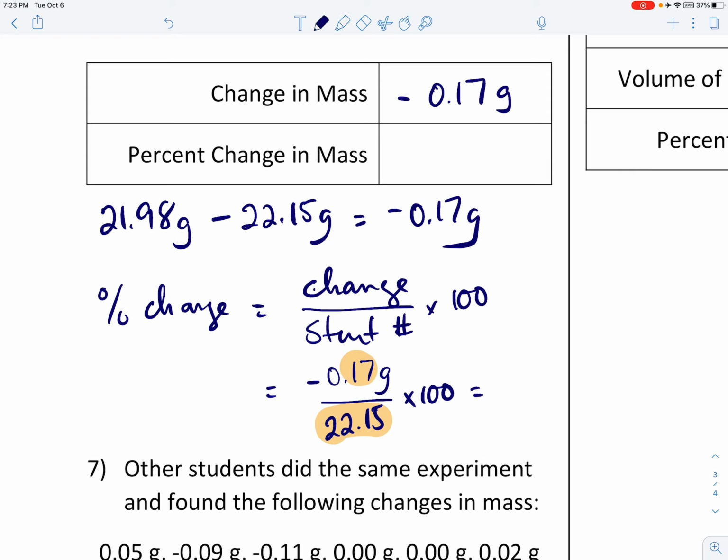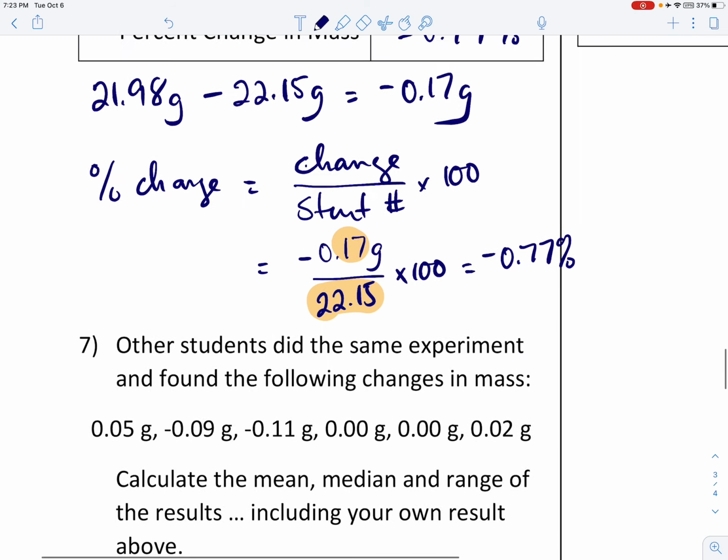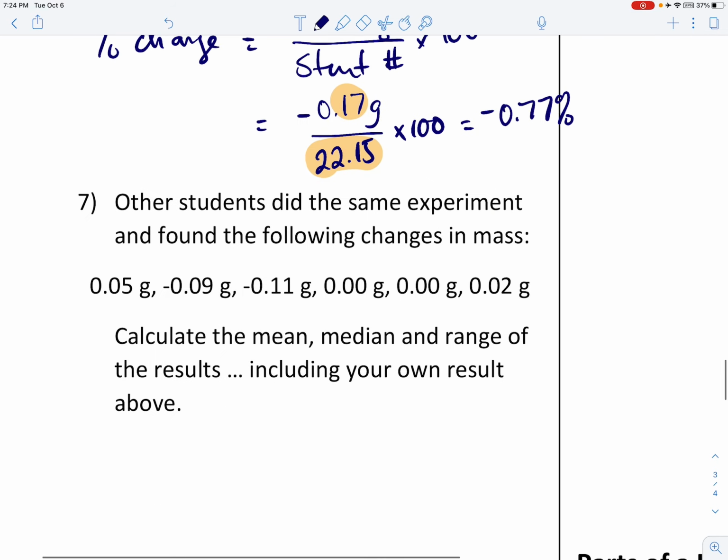We're going to keep 2 digits in the answer. Because it was a negative number on top and a positive number on the bottom, our answer is negative. So we get negative 0.77% change. A little bit less than 1%.